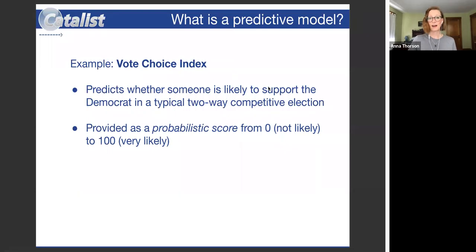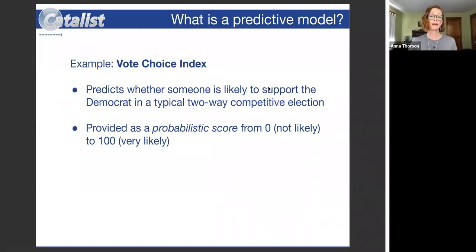Another example of a model is something that we call the vote choice index. This predicts whether someone is likely to support the Democrat in a typical two-way competitive election, so Democrat versus Republican. This is similar to partisanship, but it's less about how you identify and more about how you actually vote, which in many cases is a little bit more useful.